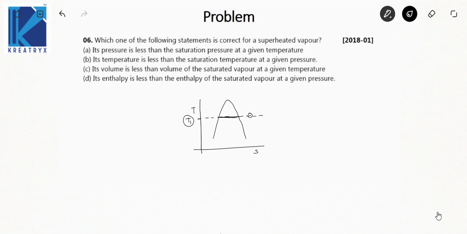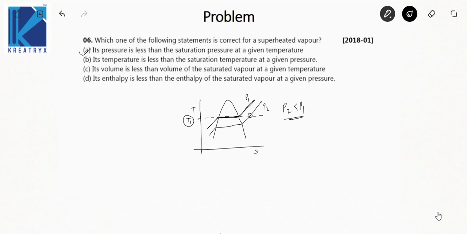So its pressure is less than the saturation pressure at a given temperature. Yes, it is less because this constant pressure line is like this. This is P1 and the constant pressure line passing through this state will be P2, and P2 is less than P1. Okay, so we get A as our answer.